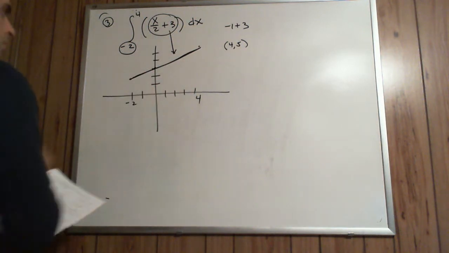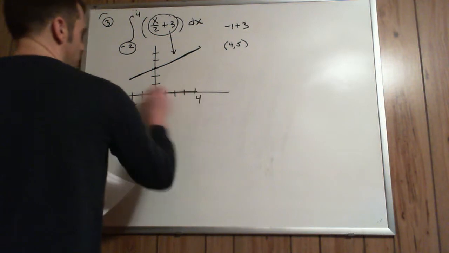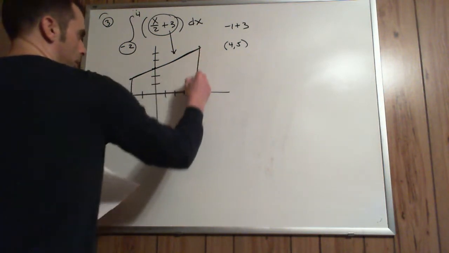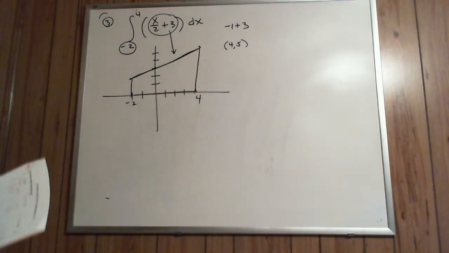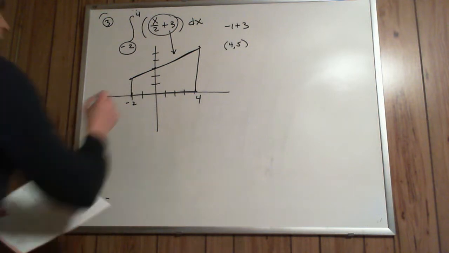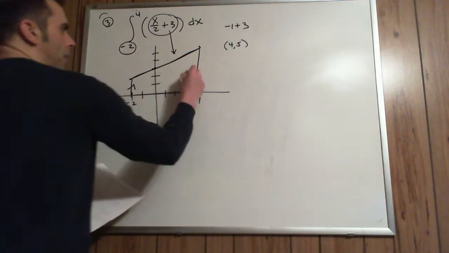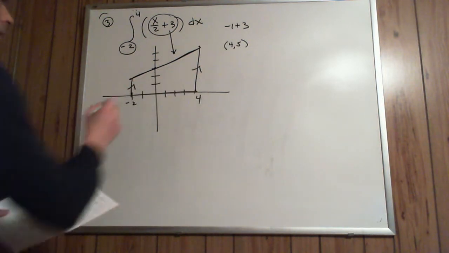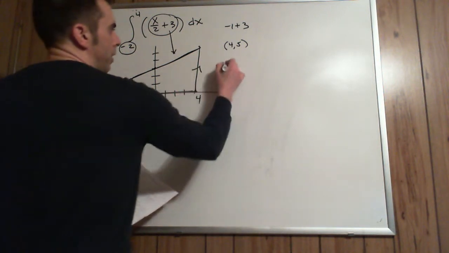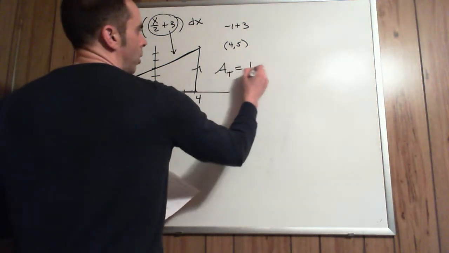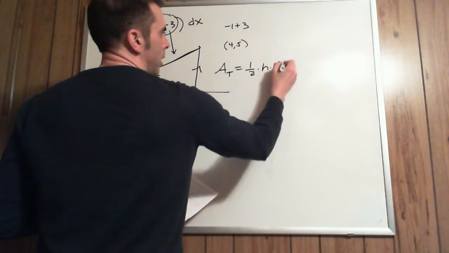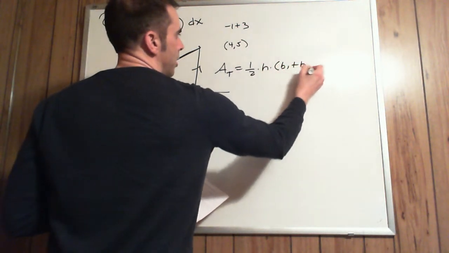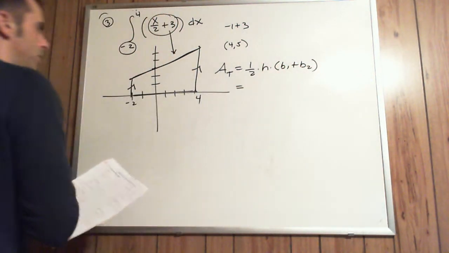Now we're going to bound it by the x-axis, which is here, from -2 to 4. And the result here is a trapezoid, where you got these being the parallel bases, and this right here is your height. So the area of a trapezoid, recall, is 1/2 times the height times the sum of the two bases, and the bases are the parallel sides.